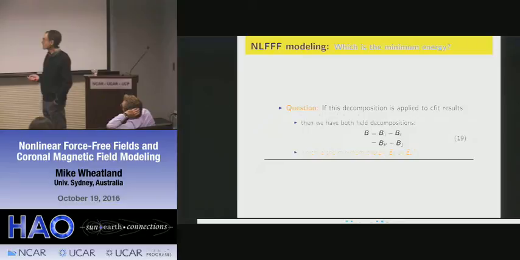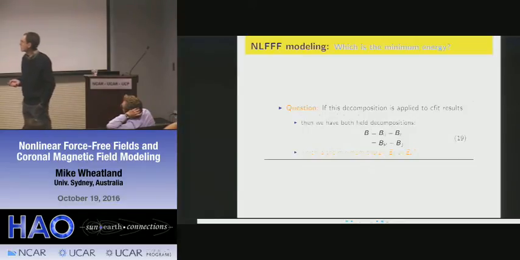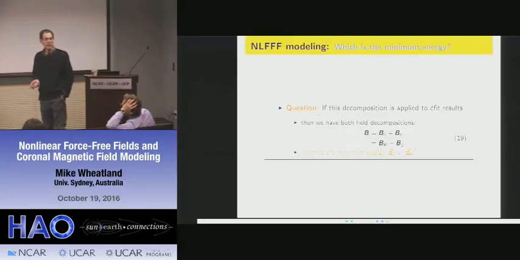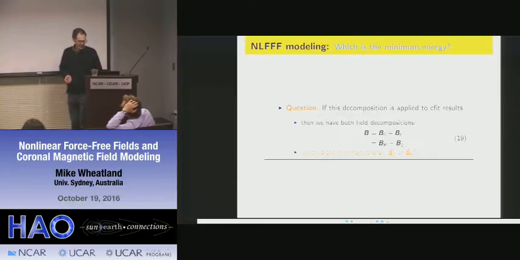The one associated with the integral of the square of this field, B naught, or the integral of the square of Bp. Any guesses? How can you have two minimum energy? You can't. Well, one of them is less, isn't it?